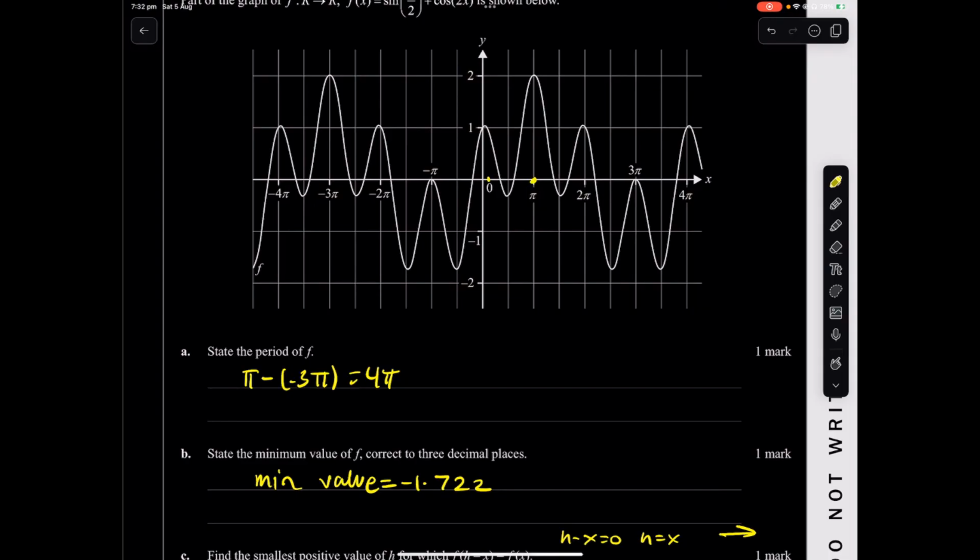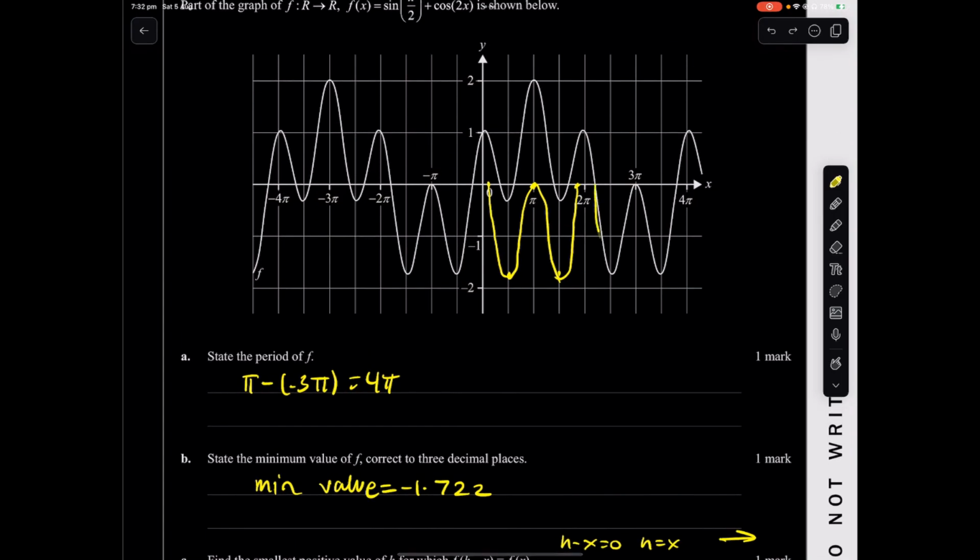So if it was reflected along the x-axis, let's say this was pi over here. It would go like this, that would be skewed, so it would be here, 2 pi over here. So imagine that was our graph, and we want to make sure it goes to this.